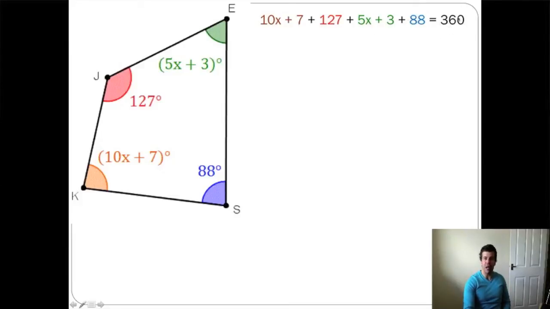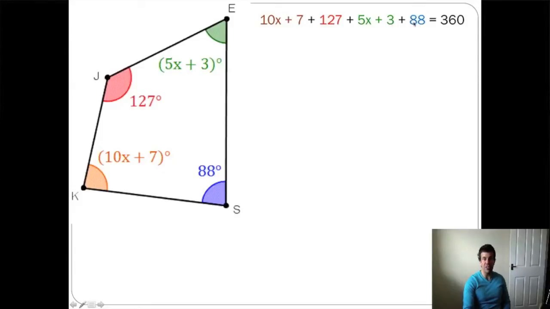Letters on the left, numbers on the right, and numbers to go over to the right. Well, first of all, how many x's have we got? 10 plus 5, 15 x's. How much should go over to the right? 7 plus 127, 134, plus 3, 137, plus 88.